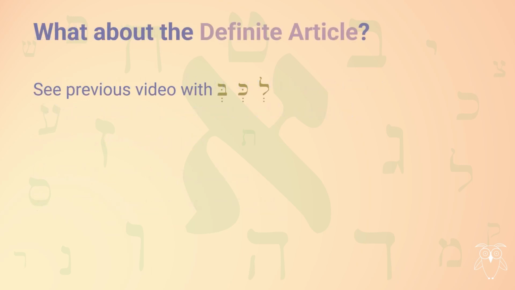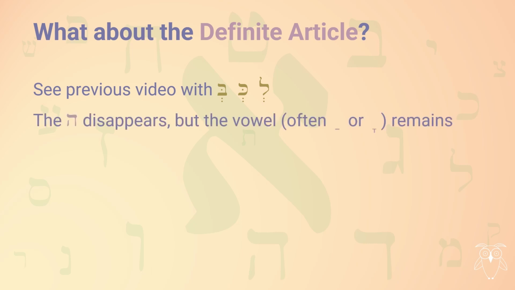In the video I made about the bet, the kaf and the lamed, the inseparable prepositions, I showed how the definite article is inserted into a preposition, where the prepositional consonant replaces that hey, but leaves in place the vowel. Now, if the preposition min is attached to a word that starts with a definite article, there is no such lengthening.